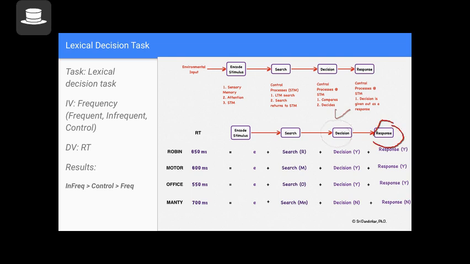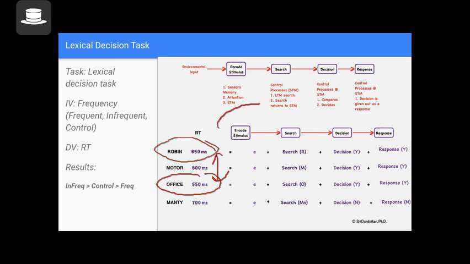So the kind of inference we can draw now is that the most likely difference you see between an infrequent word and a frequent word reaction time is mostly because of the search process. Searching a frequent word takes less time when compared to searching an infrequent word.